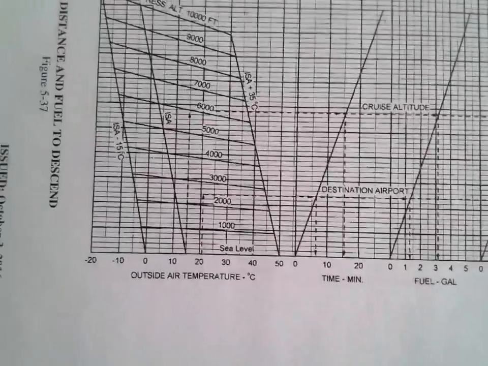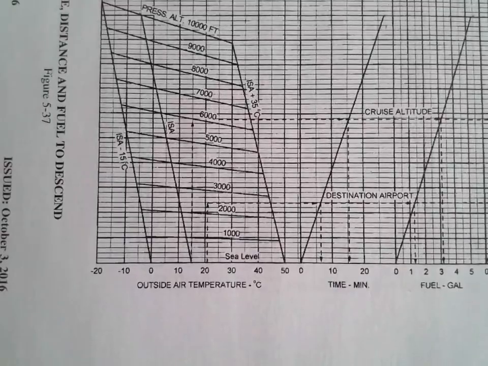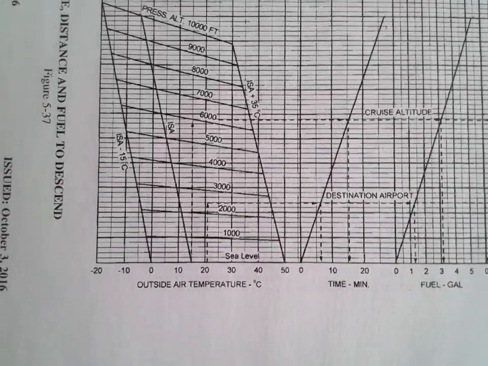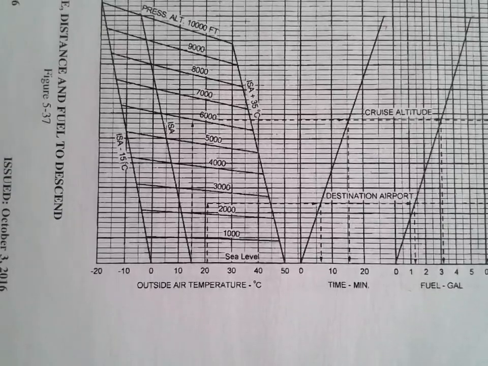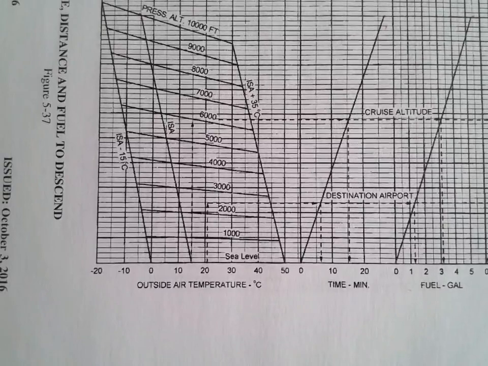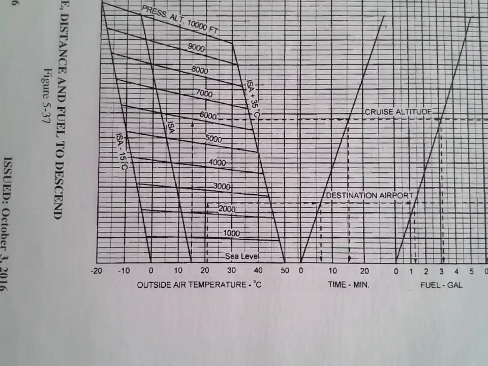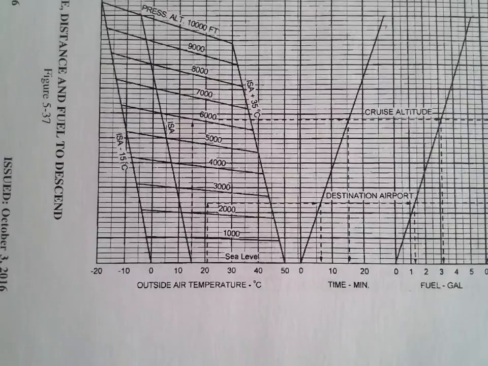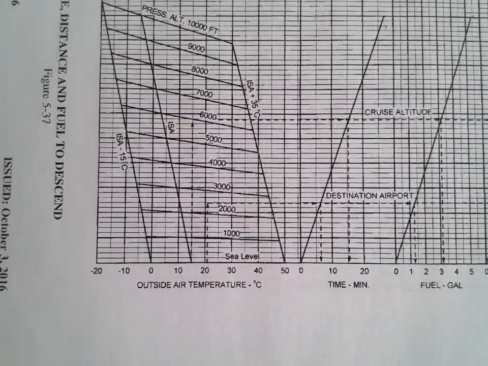So again, our cruise pressure altitude, we said, was about 4,520. If you wanted to, we could actually make that a little more accurate and look at the weather in Grand Forks. So in Grand Forks, the altimeter is 29.89, so that's really not that much different. So we can go ahead and I think stick with 4,520. And at 845 field elevation, that would probably be about 865 pressure altitude on the ground in Grand Forks today.